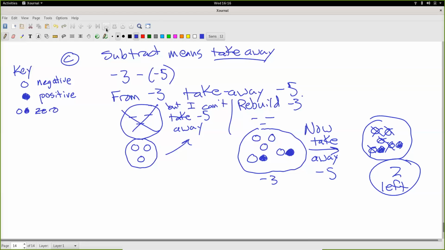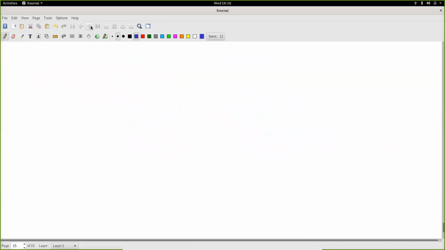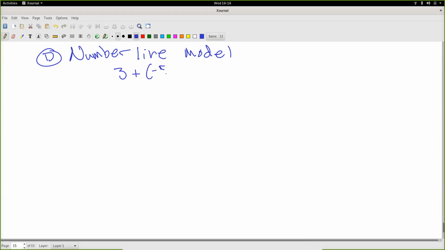All right, next example. Let's call this example D, and we're going to change models again. We're going to look at the number line model here. And let's try the number line model for, how about 3 plus -5. And so on a number line, I just want to make a note of what some things mean there.